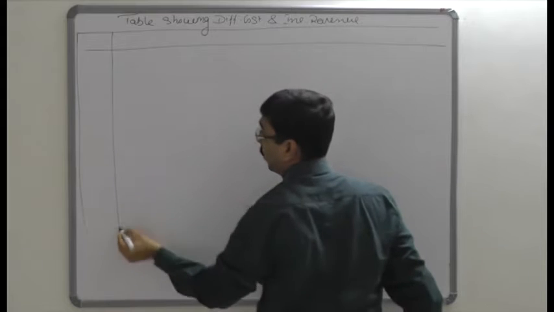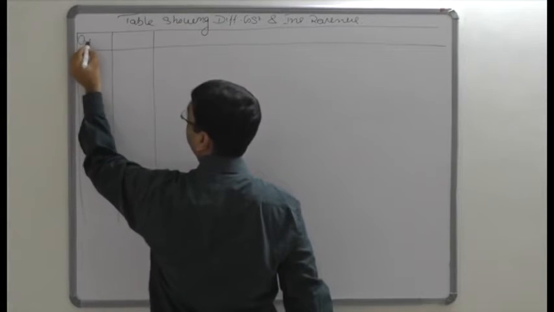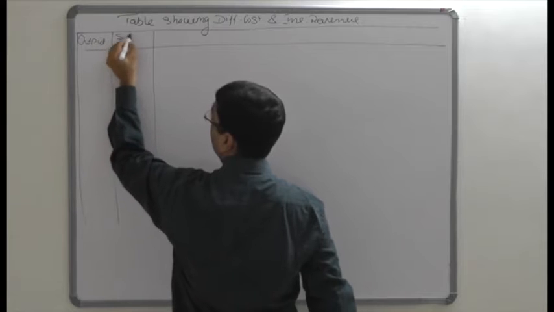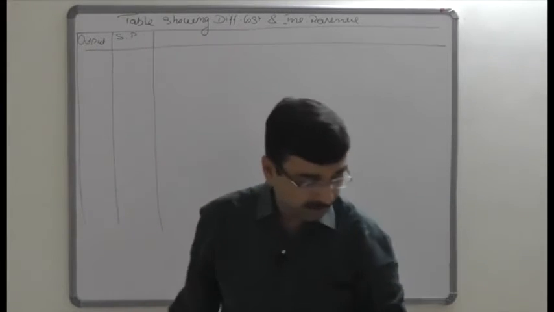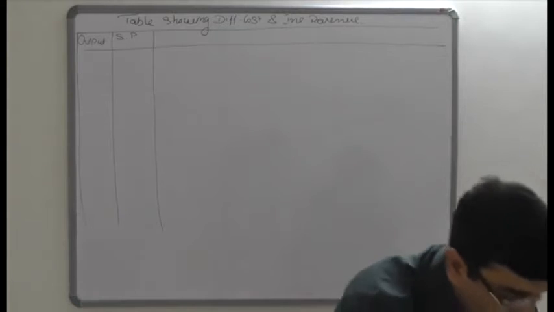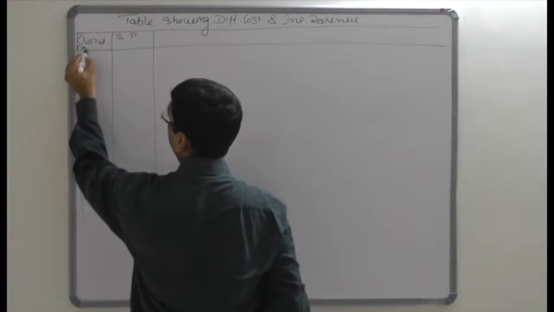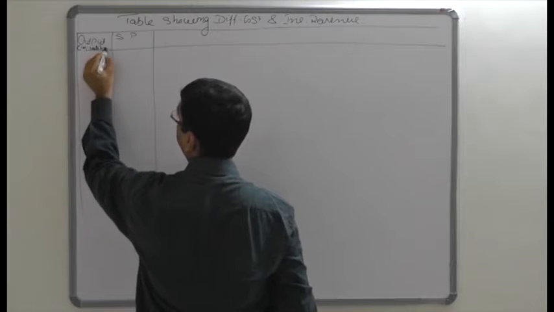The first column is output and the second column is selling price. Selling price is most probably given per unit, so per machine, and on the basis of this information, output is given in lakh units.